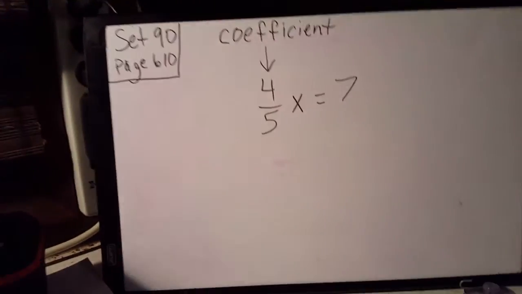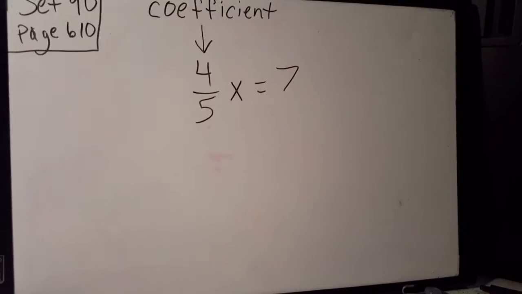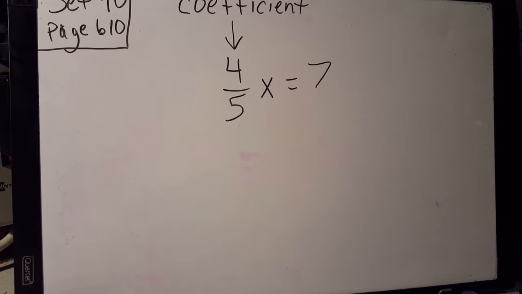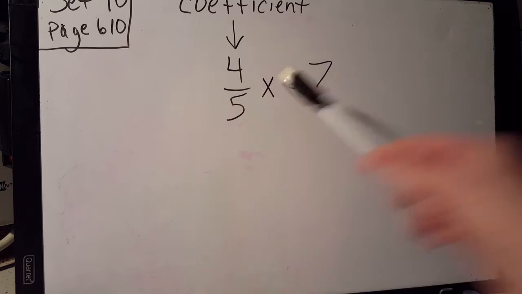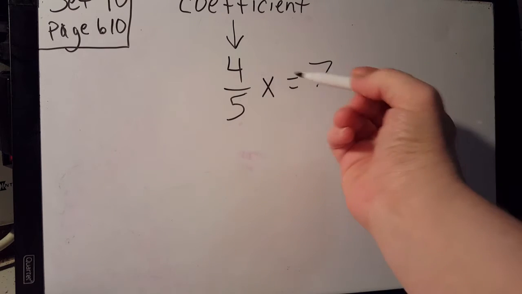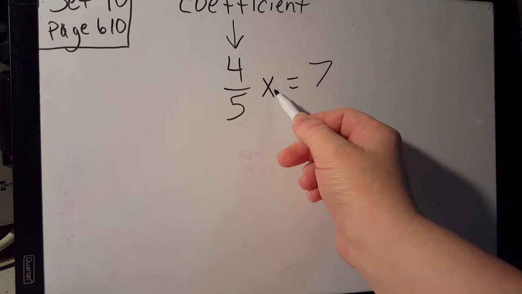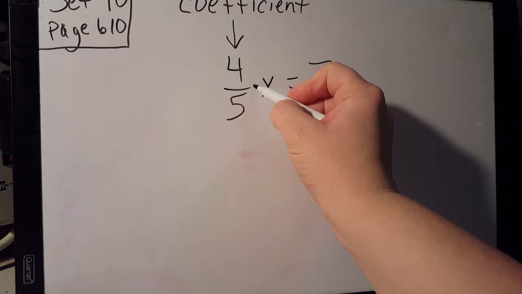Okay, we have already seen problems like these where we have an unknown number multiplied by something to get another number, and we have to figure out this missing number. And in this problem, you should recall that when you see a number beside an unknown number called a variable, that means they are multiplied together.